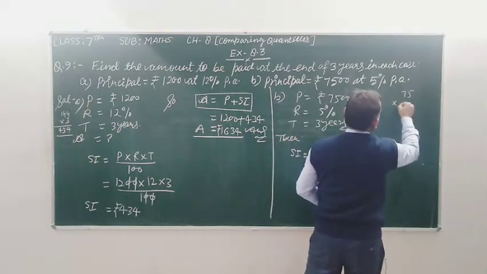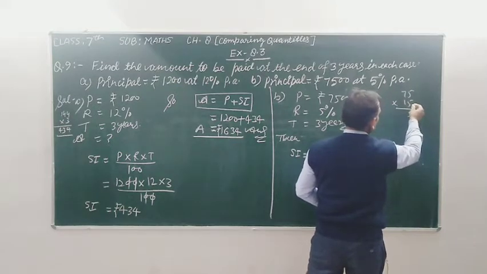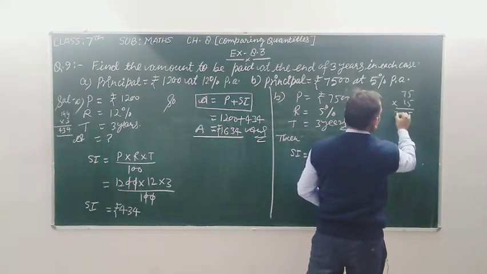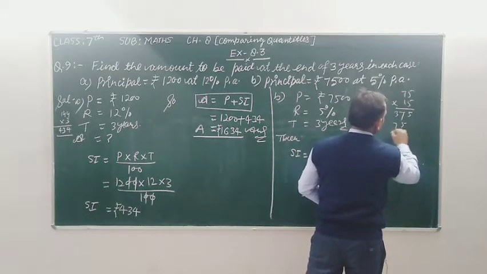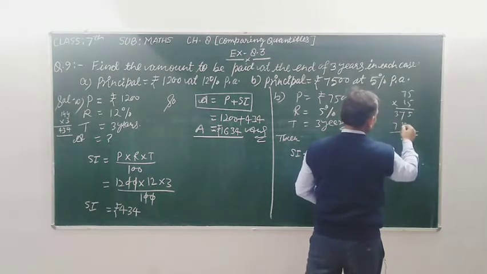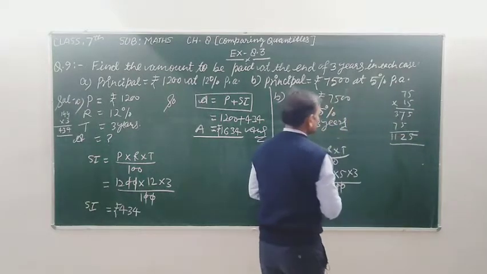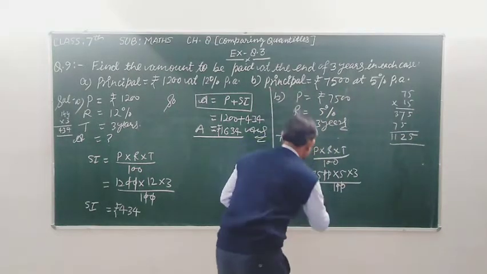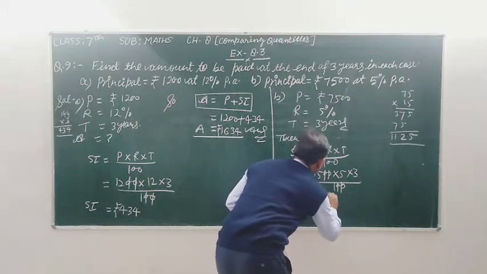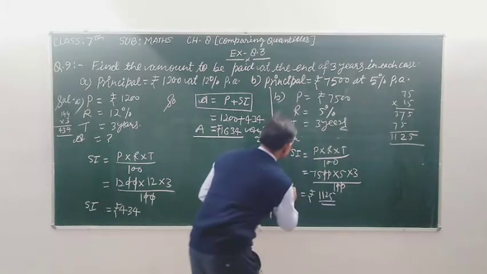Multiply here student. 75 into 15. 5 5s are 25. 5 7s are 35, 35 and 2 is 37. 1 5 is 5. 1 7 is 7. Add this, sorry student. 5, 7 and 5 is 12. 12, 7 and 3 is 10, and 1 is 11. That is 1125. 1125 rupees. This is SI.